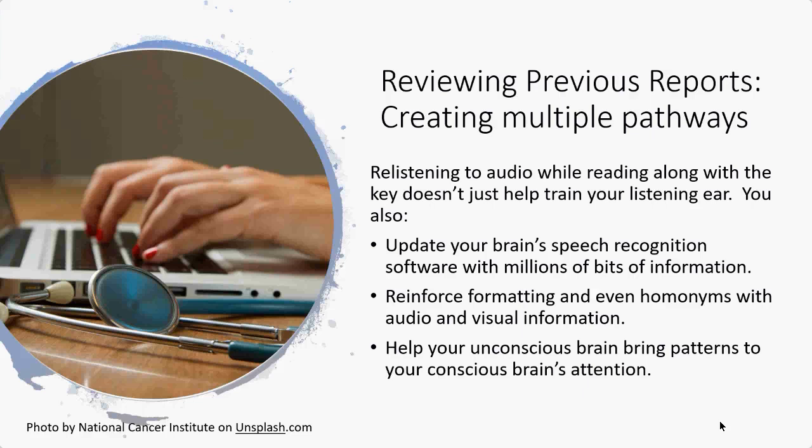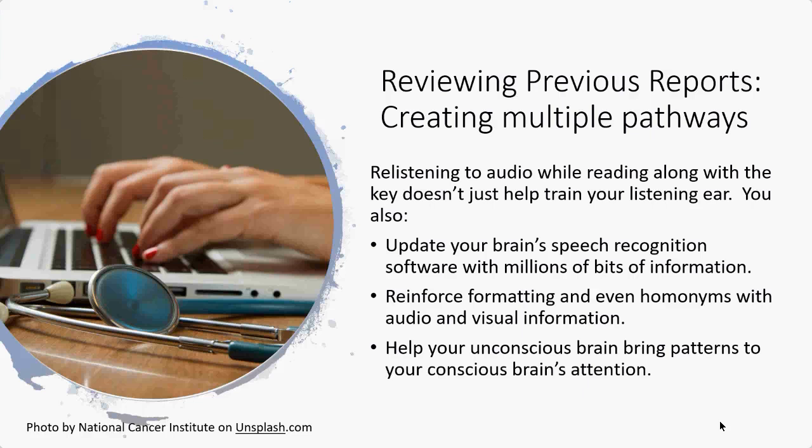So this creates many pathways in your brain, and the more you're going over the same types of errors, it's like a kid walking through the snow. If they use the same path, then no matter how much snow falls, so extra information in this analogy comes into the system, you're still reinforcing that pathway by going over it again and again, right?